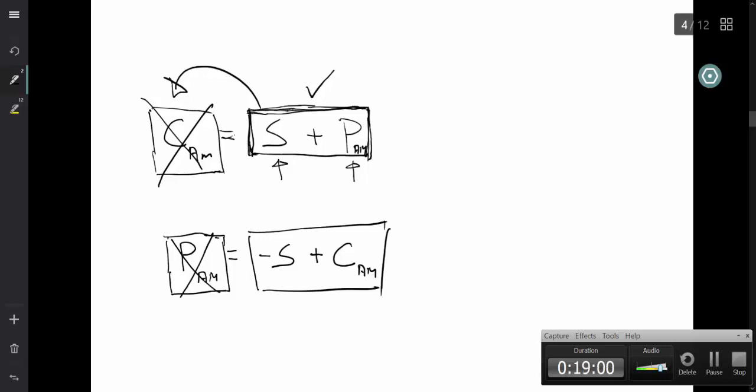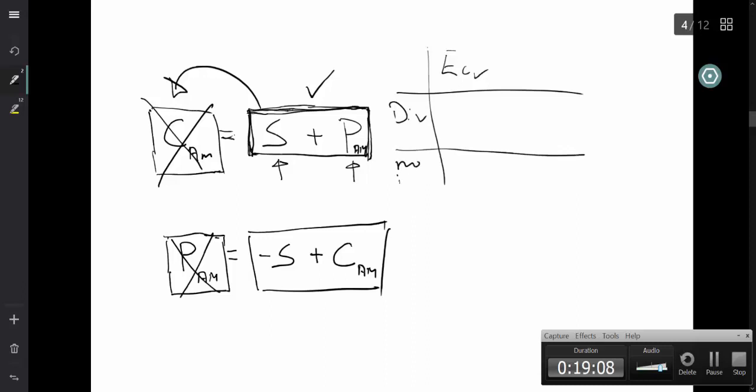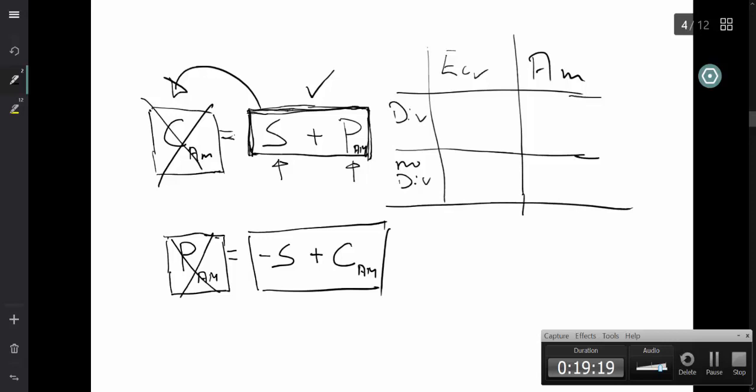So European, with dividends or no dividends, and then there are American options with dividends and without dividends. Now, of course, this is a trick question. You can't exercise European options until the end.